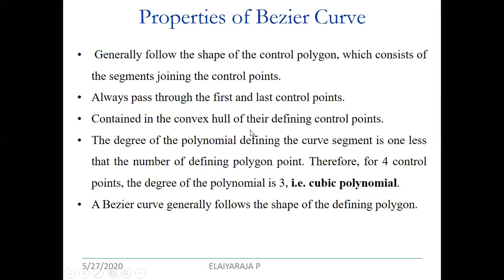When you complete the draw between the start as well as the end point, the degree of polynomial defining the curve segment is 1 less than the number of defining polygon points. Therefore, for 4 control points, the degree of polynomial is going to be a cubic polynomial. So a Bezier curve generally follows the shape of the defining polygon.